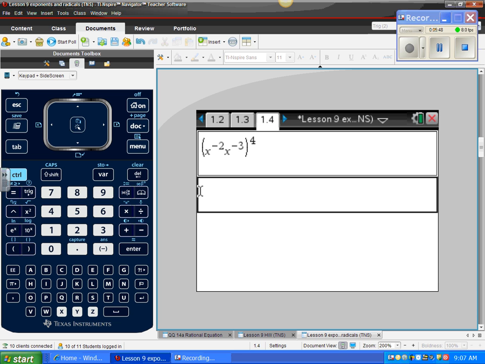The parentheses. Good. So what can we do inside the parentheses? Add the exponents together. Right. I'm multiplying. I have a common base of x, so I have to add their exponents. So what's negative 2 plus negative 3? Careful.